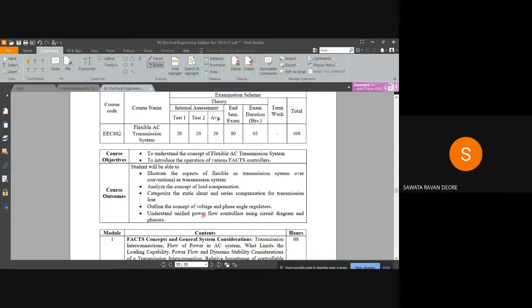Similarly, the second module is basically on load compensation. Like transmission line compensation, in which we modify the transmission line parameters, in load compensation we modify the parameters of the load, and by means of that we modify the reactive power absorbed by it.